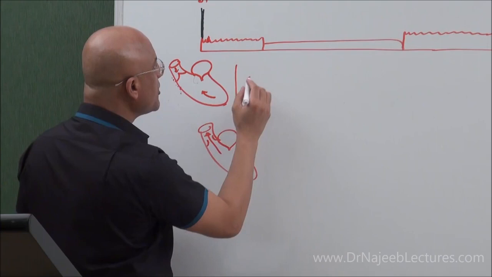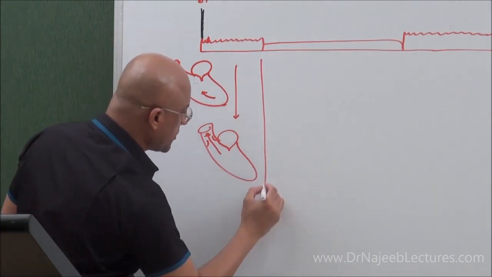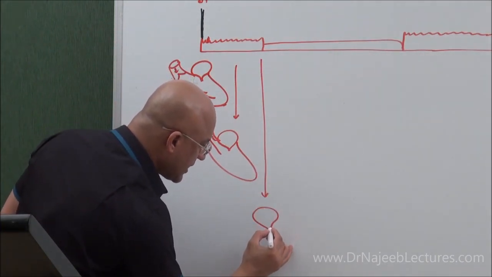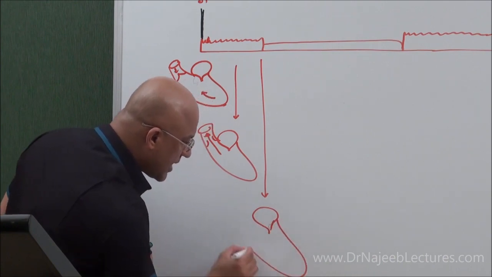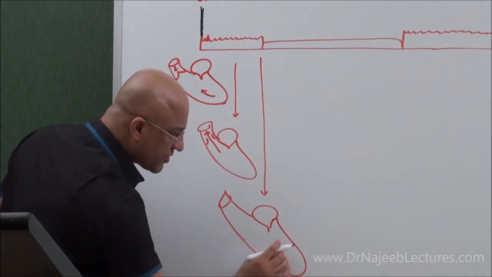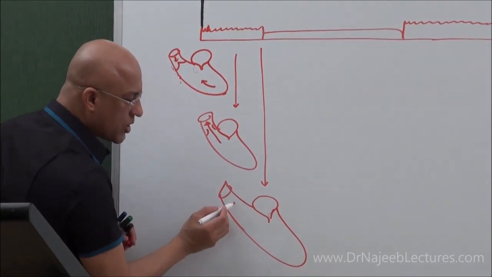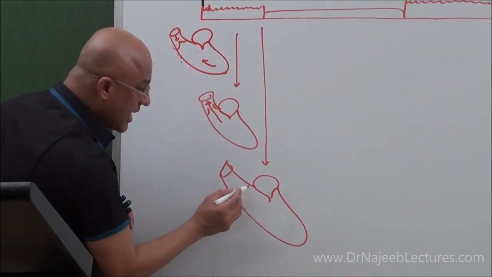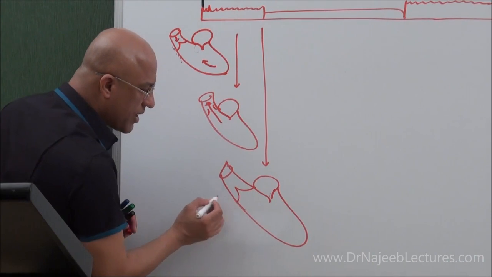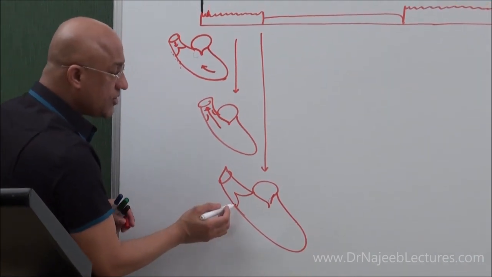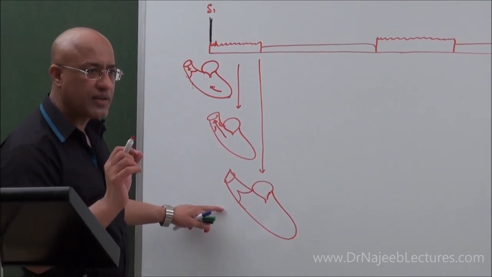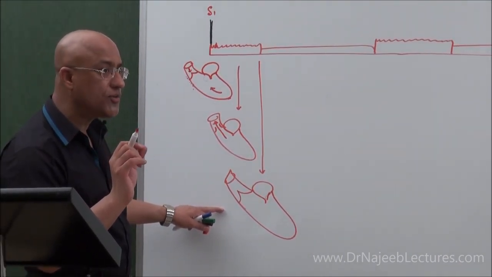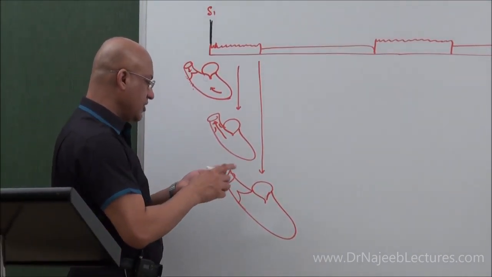At the end of ventricular systole, when the ventricles start relaxing, blood in the aorta and pulmonary artery reverses and closes the aortic valve and pulmonary valve. This closure leads to the genesis of the second heart sound.